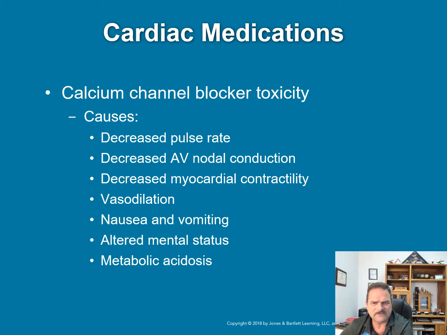It's in several different algorithms and testing stations for different tests that you may have to take in the future. IV glucagon may improve both pulse rate and myocardial contractility. Standard crystalloid infusions of 20 cc's per kilogram may assist with their hypotension. Recommended vasopressors after fluid resuscitation include norepinephrine and dopamine.